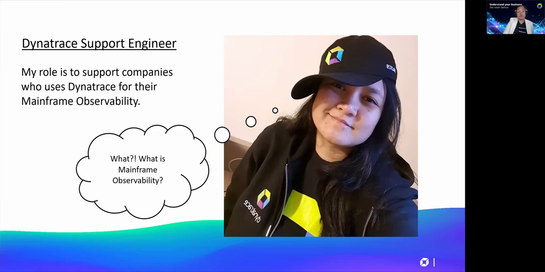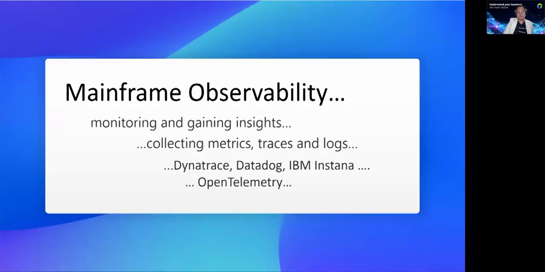And so I tried to research what mainframe observability is. And I'm not going to bore you with some long explanation, but these are the key things that I want you to remember. Mainframe observability is monitoring and gaining insights. It's collecting metrics, traces, and logs. There's Dynatrace, Datadog, IBM Instana, Grafana, and those are the observability platforms, and then Open Telemetry.